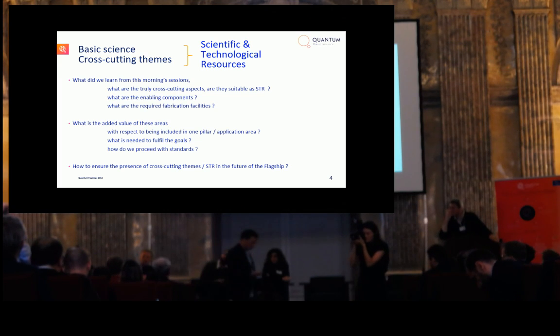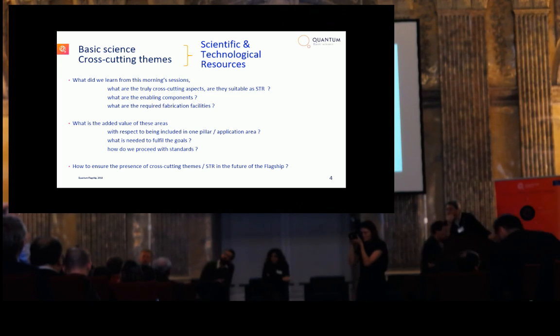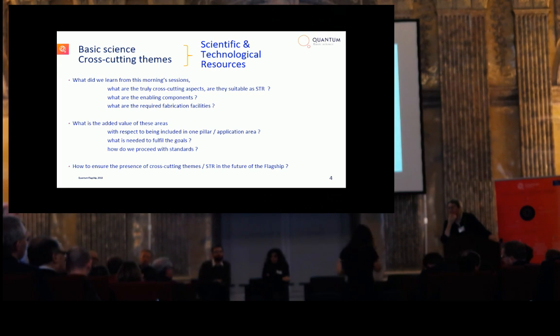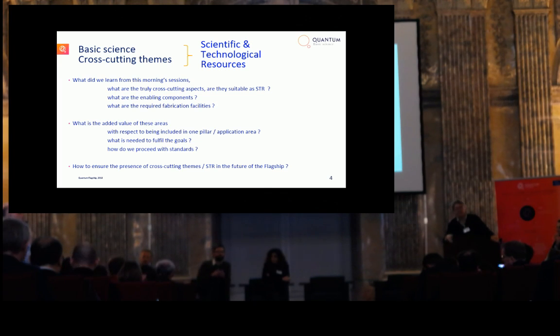I think that's probably also important in general for the overall Quantum Flagship, to really see what those projects need. And they might also need some basic science. I don't know what those projects will say, but I think that's a way to steer or influence the choices.